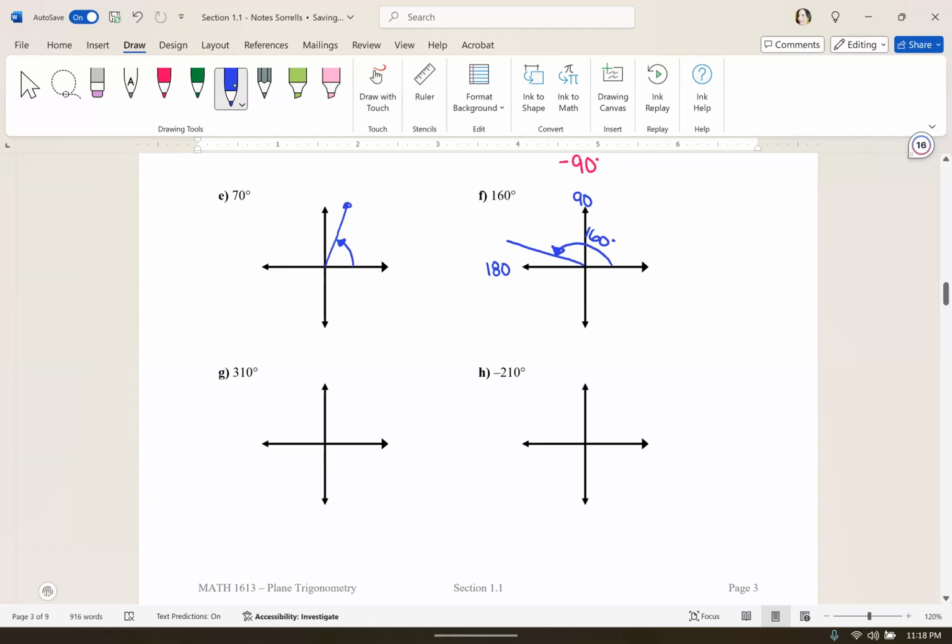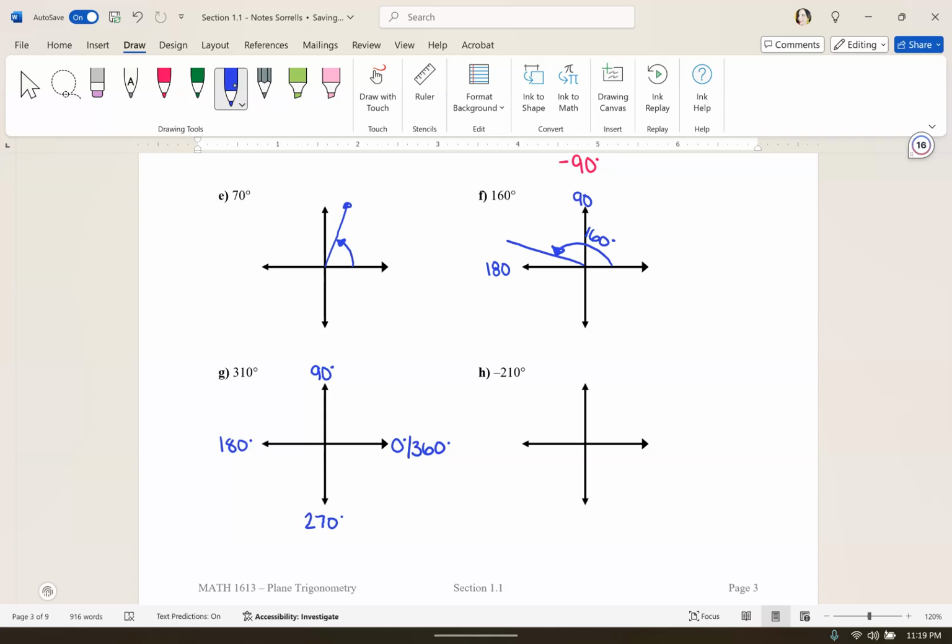Okay, 310. So I am going to write it on this one so you guys can visually see. So 0, 90, 180, 270, and 360. Okay, so notice I am definitely past the 90, past the 180, and past the 270.